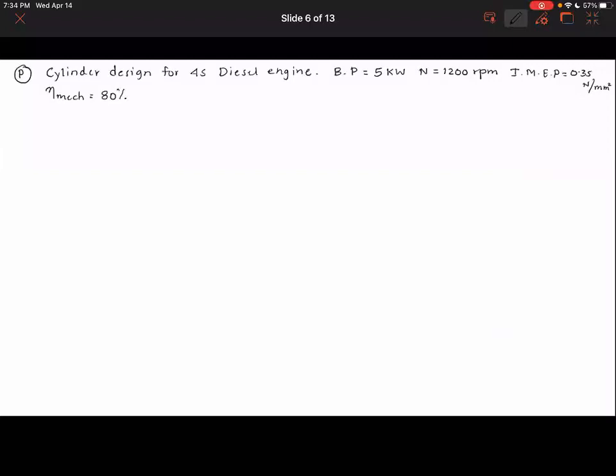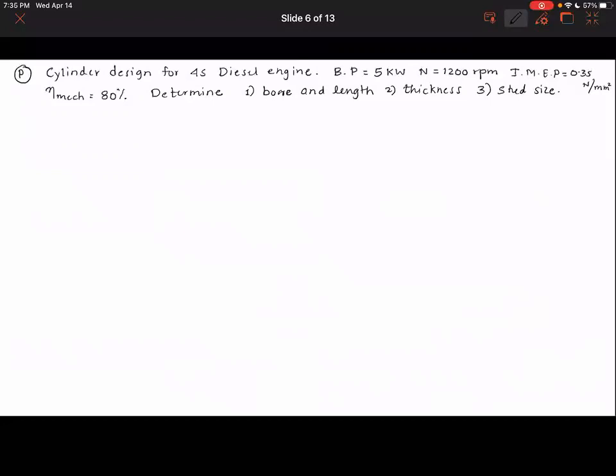So determine, first, bore and length, second, thickness, and then size of the studs. So we have to design the cylinder.